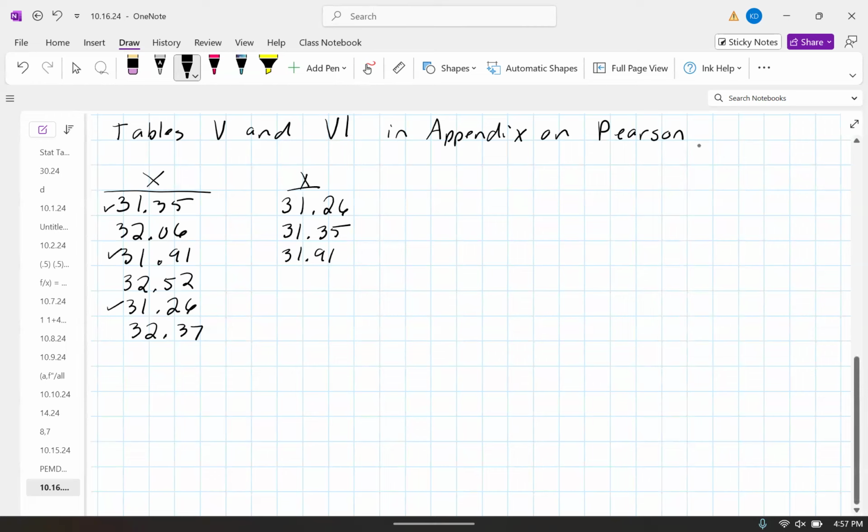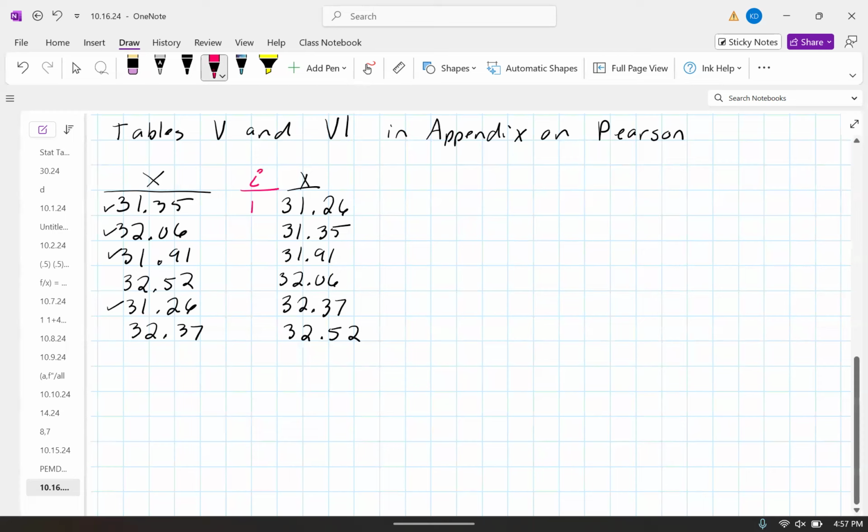Okay, we've rearranged our data. Next thing I'm going to do is not necessarily listed: I'm going to index these just so we don't have to keep counting and asking.